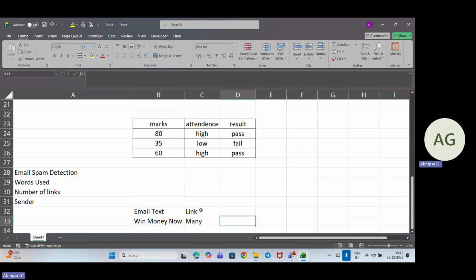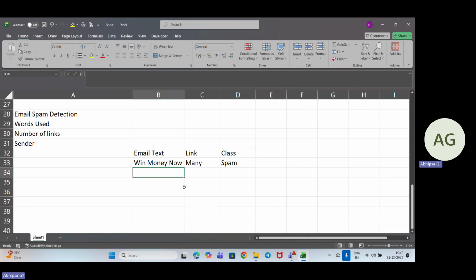In that case, I will call it spam, right? And here I am calling it the class. Now, suppose in the second one, we have got an email that says meeting at 10 a.m. Here there is no link, and we have got the class as non-spam.